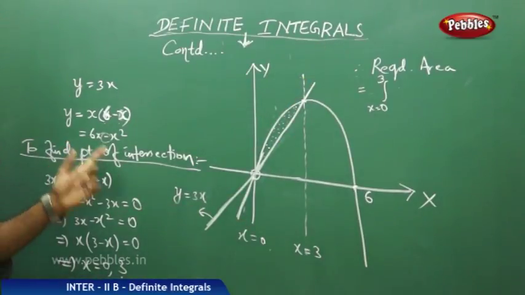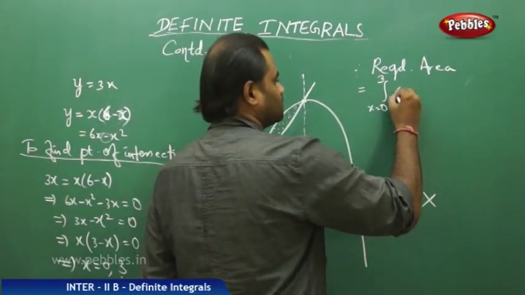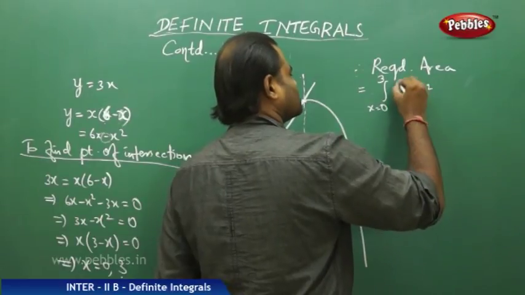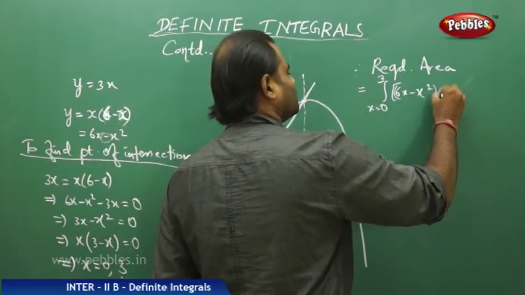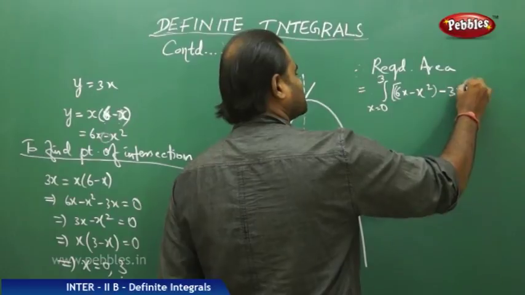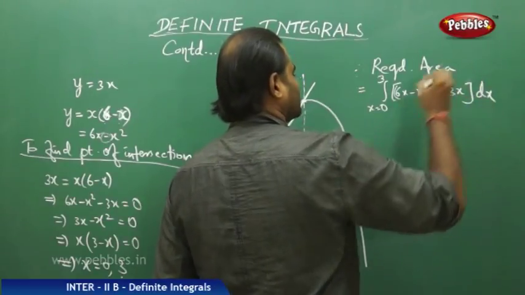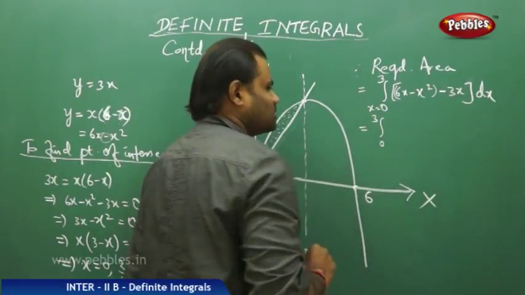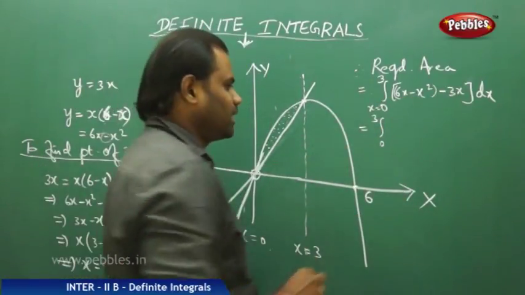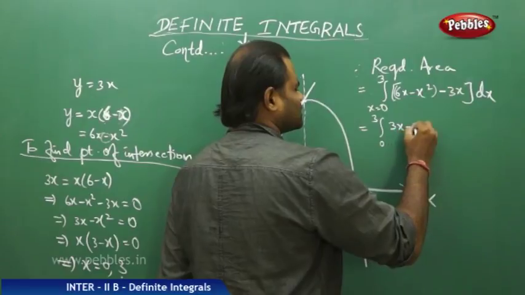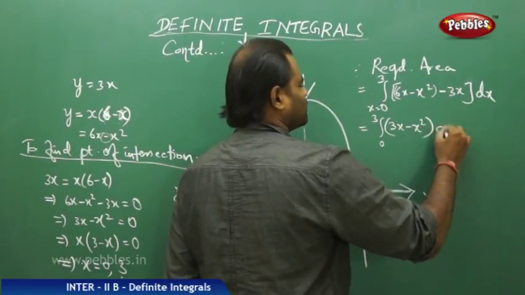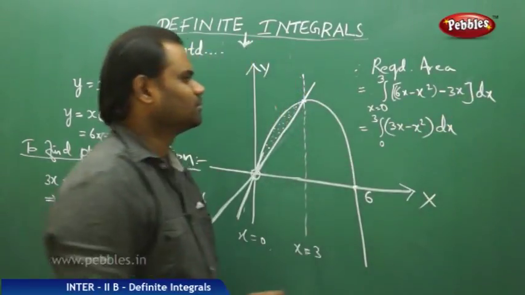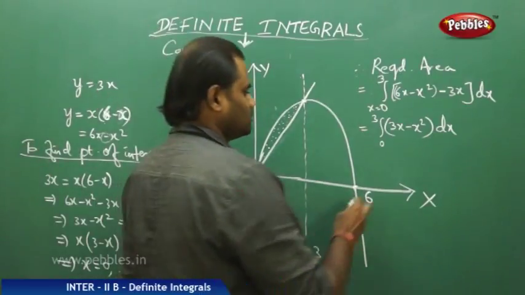So my upper curve is 6x minus x squared minus the lower curve, which is 3x, of dx. That is integral 0 to 3, 6x minus 3x is 3x minus x squared of dx is what we get.